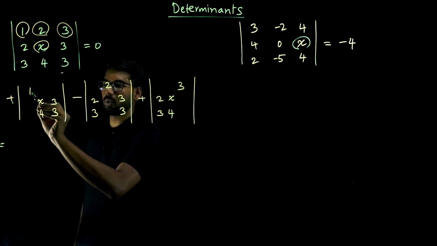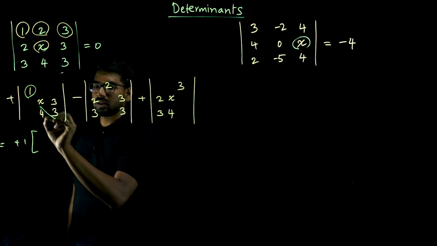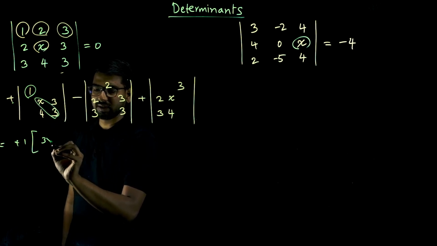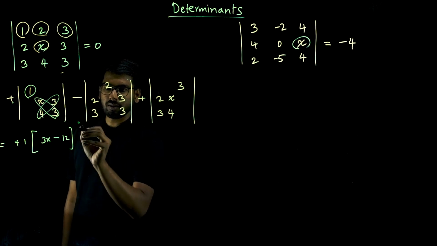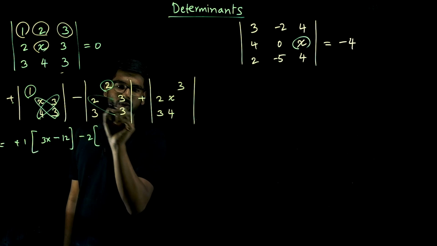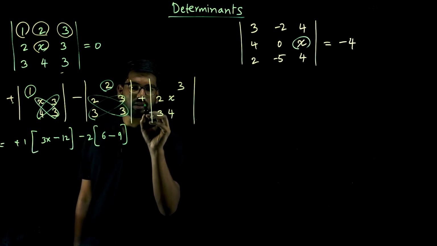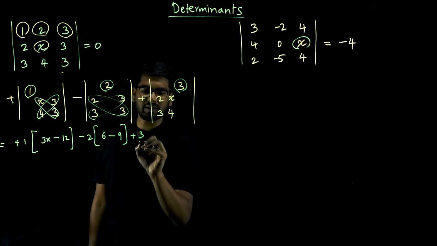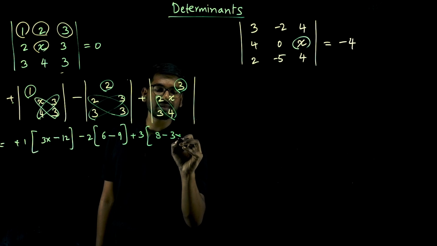So that is plus 1 times x into 3 is 3x minus 4 into 3 is 12, minus 2 times 2 into 3 is 6 minus 3 into 3 is 9, plus 3 times 2 into 4 is 8 minus 3 into x is 3x.